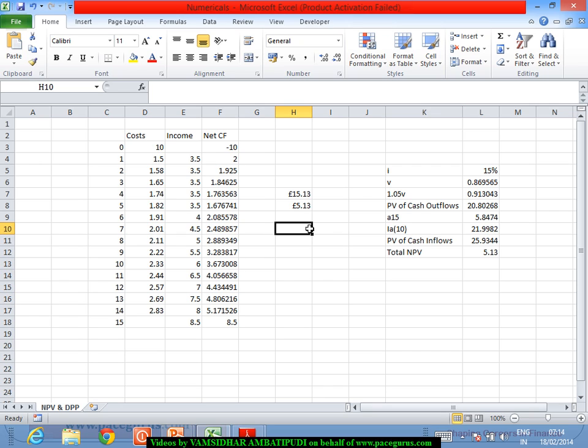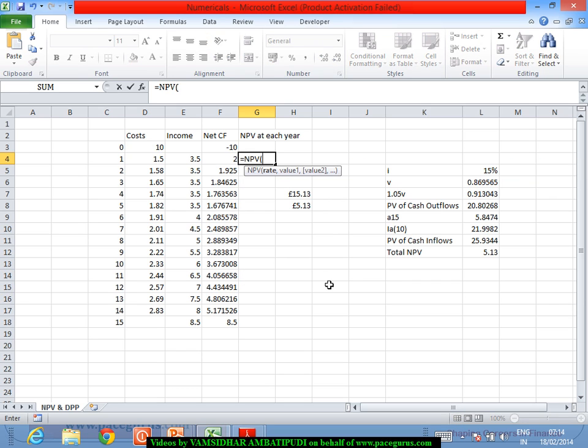If I want to find out the total present value, the NPV at each year, I will use the NPV formula at the rate of 15%, wherein my cash flows are from here to here, and to that I add up my total cash outflow.